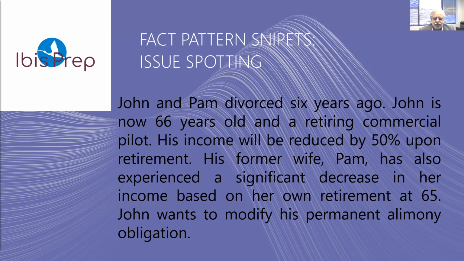So the court will consider Pam's need, which probably increased because she had a decrease in her available income, increasing her necessity for additional alimony. John's ability to pay will also be analyzed based on his financial affidavit and what resources he has after his reasonable and necessary expenses.